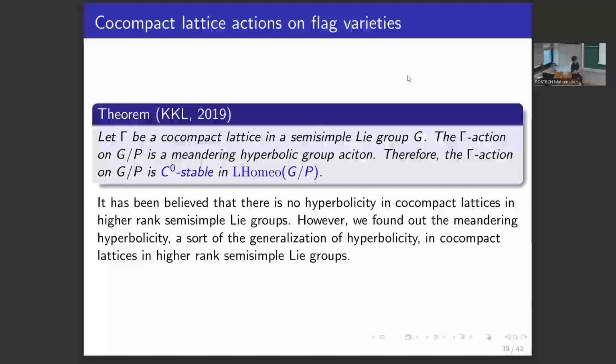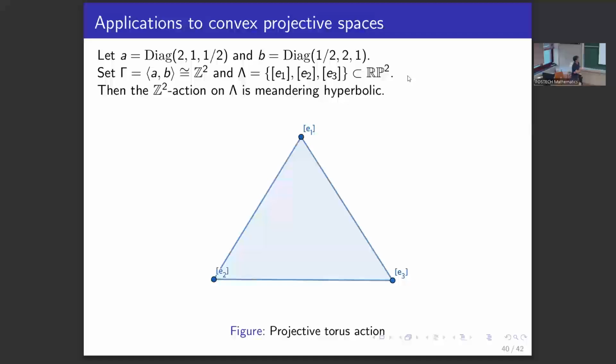Actually, we deal with the Lipschitz homeomorphism group, but you can just think of the diffeomorphism group. Usually people think that the co-compact lattice in higher rank does not have any hyperbolicity, right, as delta hyperbolic groups. But we figured out why it is stable: because the co-compact lattice in higher rank has a kind of mindering hyperbolicity.